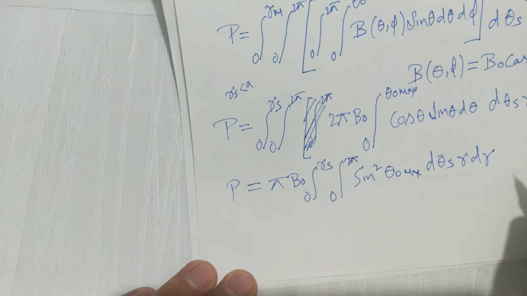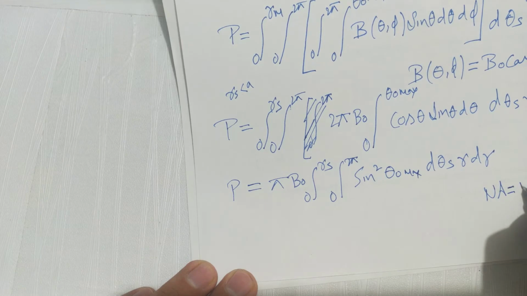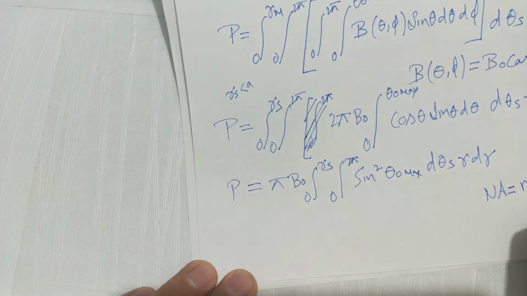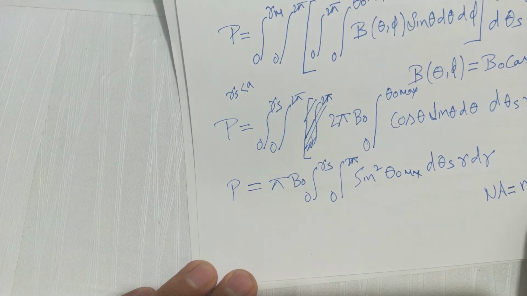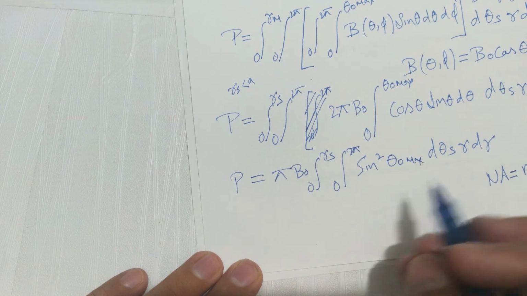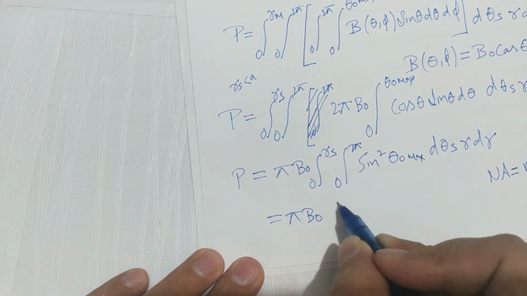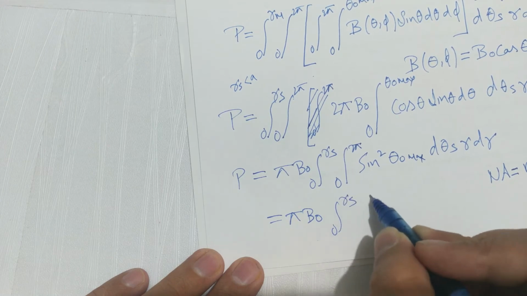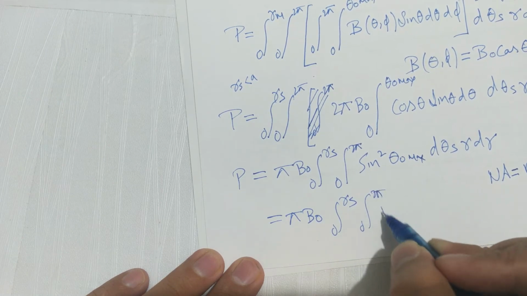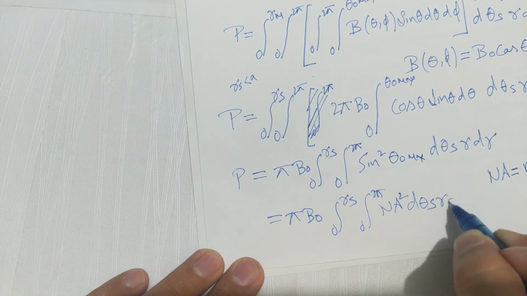We also know that numerical aperture is n sin theta_0 max. For air, n is equal to 1, so we can write again pi B_0, 0 to R_s, 0 to 2 pi, NA square r dr d phi.